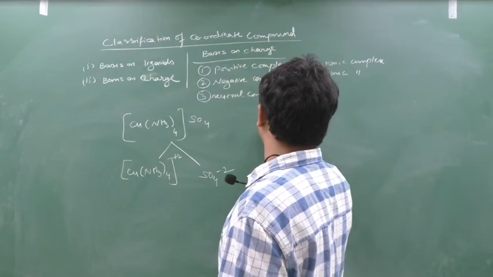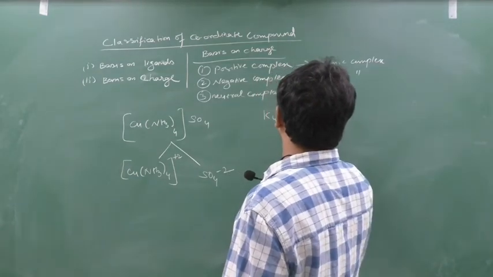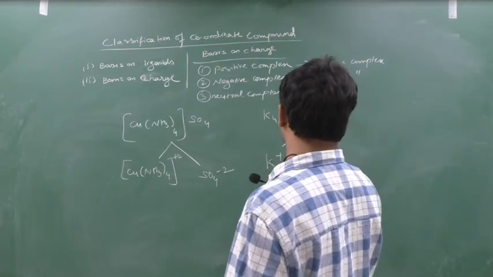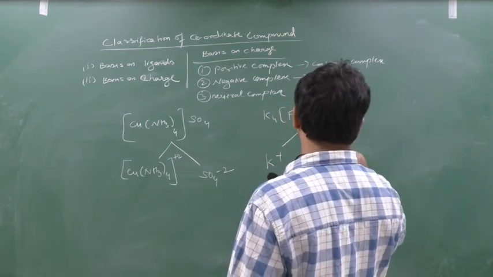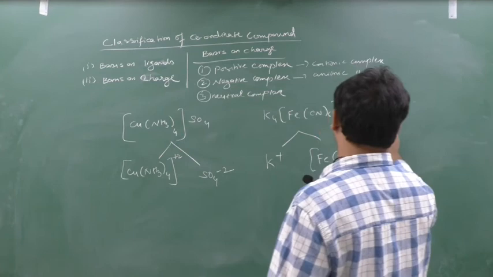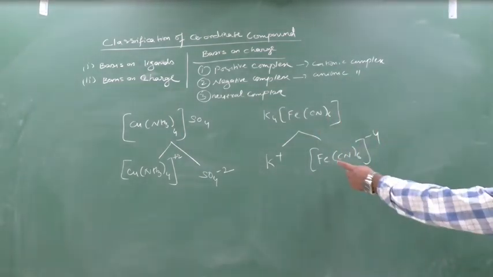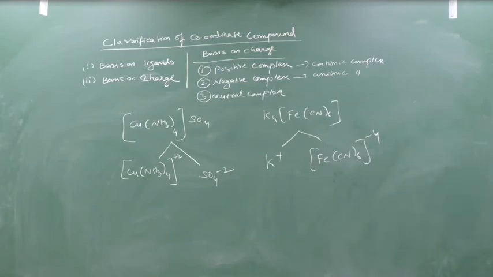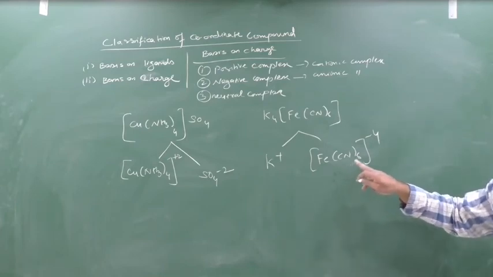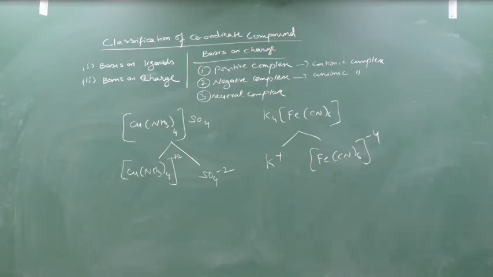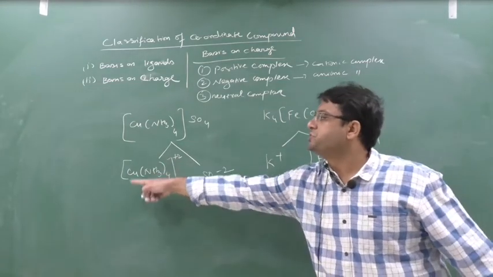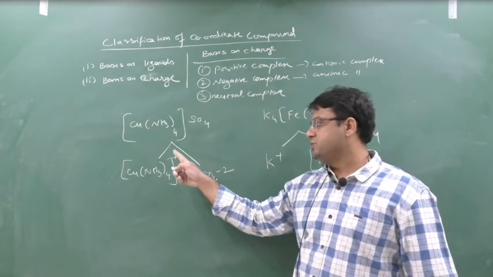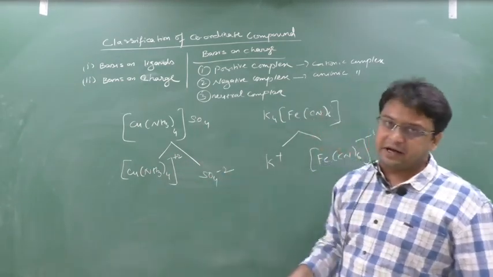Now if I take K4[Fe(CN)6] and dissolve it in water, what will you see? You will see K+ and [Fe(CN)6]4-. Now where do you see the negative charge? The coordination sphere is with negative charge, so this is an anionic complex. On dissolving the complex, if you see positive charge on the coordination sphere, the square bracket meaning coordination sphere, then it's a cationic complex.